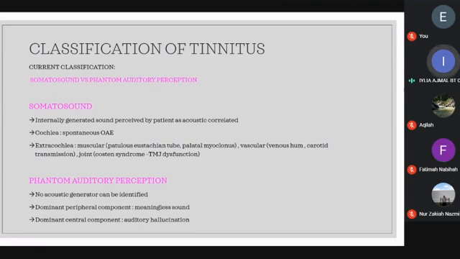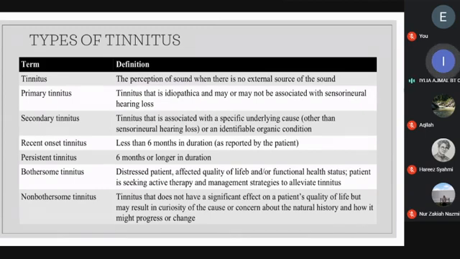But we also have to rule out whether this is auditory hallucination, which you can see in patients with psychiatric problems, so we have to differentiate between these two. Sometimes a patient with tinnitus who has depression and a bit of aggression, we might need our psychiatric clinic to have a look.